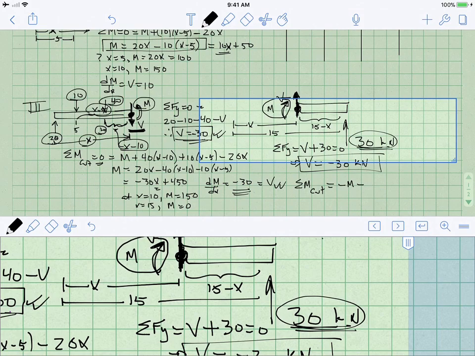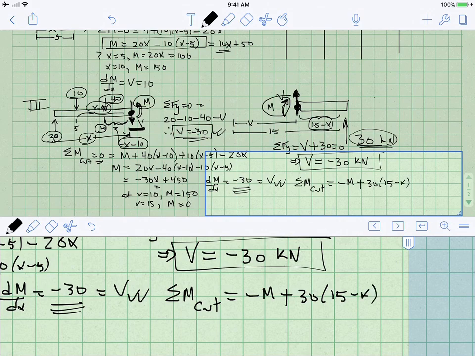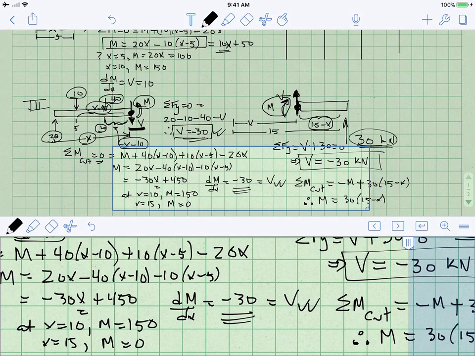So I would write 30 kilonewtons, and its distance away from the cut is 15 minus x. So I write plus 30 times 15 minus x. And therefore, this bending moment at this particular location on the beam, where 10 is less than x is less than 15, is equal to 30 times 15 minus x, which is what we had before.